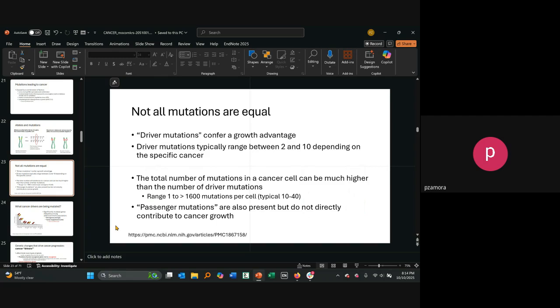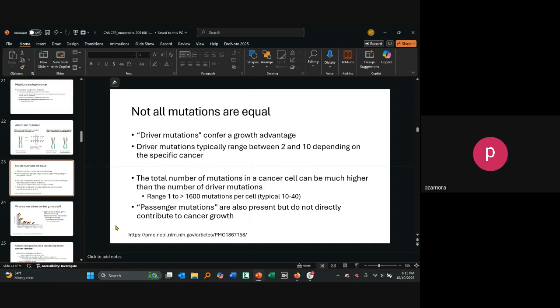So a typical cancer cell is going to have between 10 and 40 mutations, but the total number of mutations per individual cancer cell can range quite high, up to and beyond 1,600 mutations per cell. And yet 2 to 10 of those are the driver mutations, the ones that actually cause the cancer.